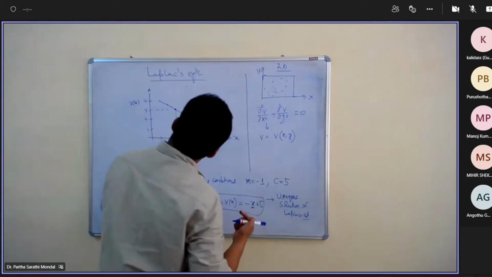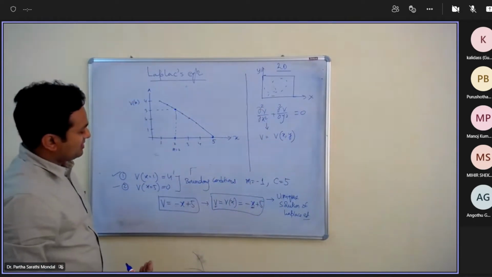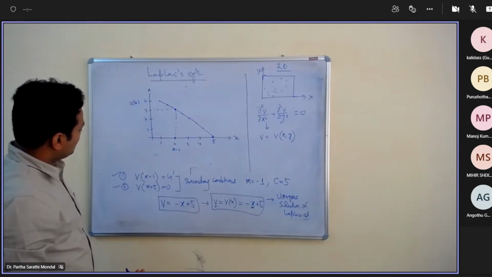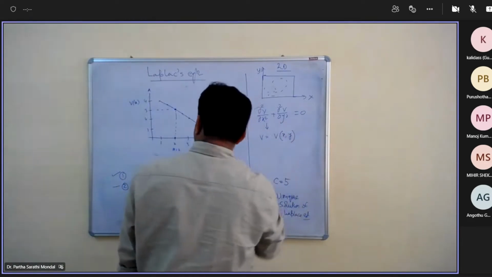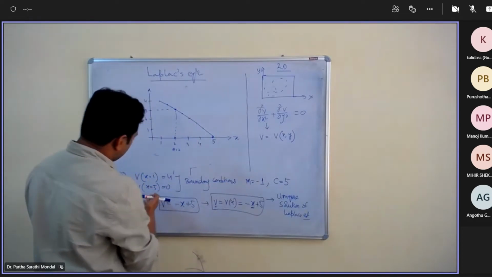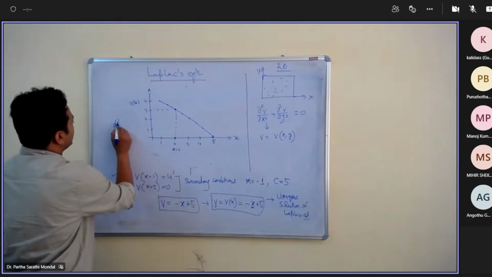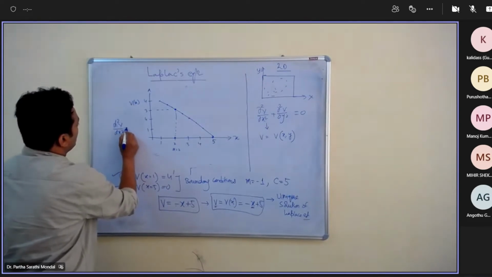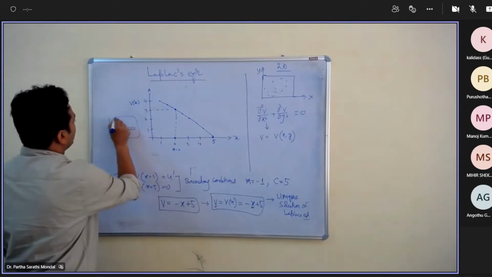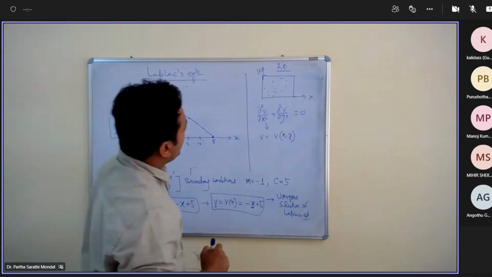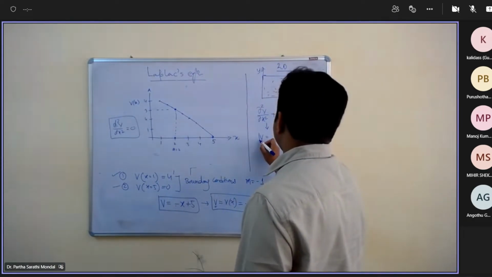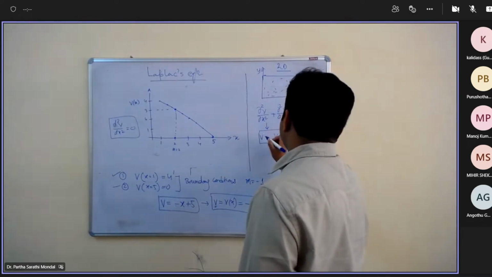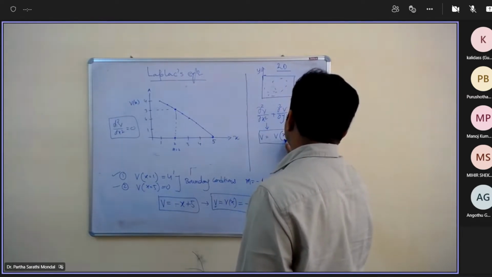So in one dimension there is no problem of uniqueness, because it is just a total derivative: d square v by dx square equal to 0. The uniqueness problem comes only when the potential is a function of more than one parameter.